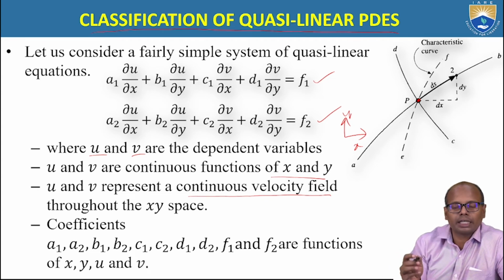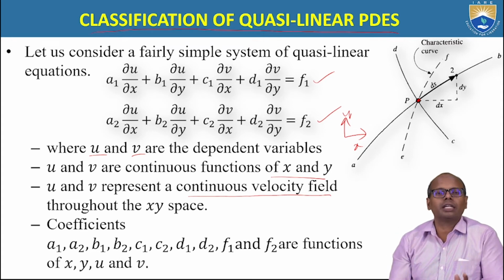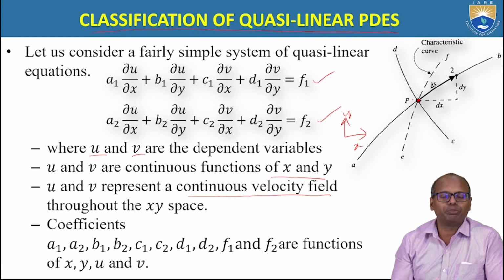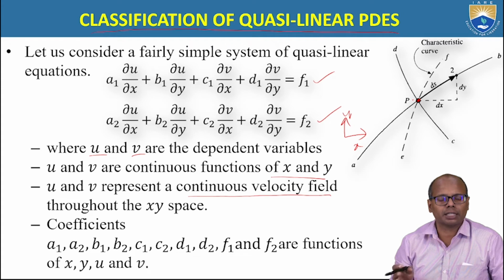So we have taken an xy space, and in that xy space we have considered a point P. In the xy space we have two dependent variables called u and v, which are continuous functions of x and y.